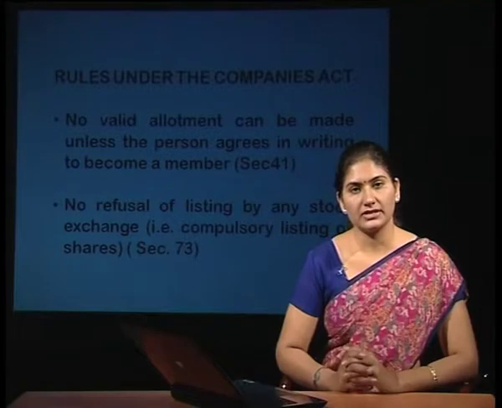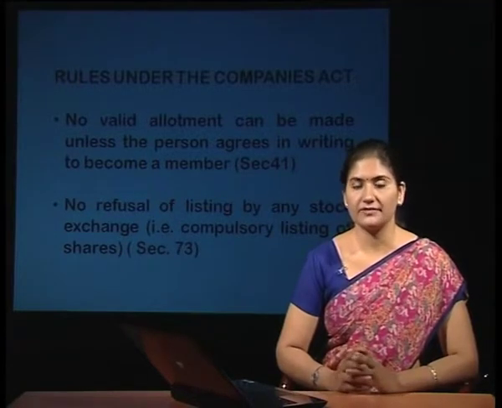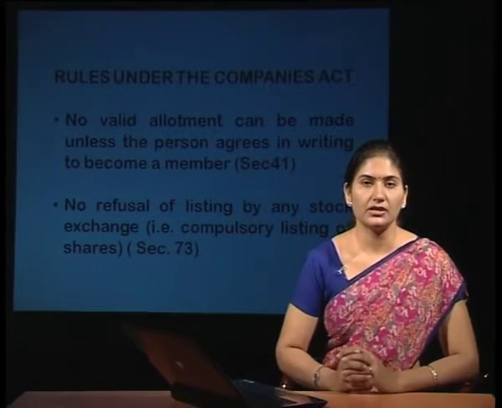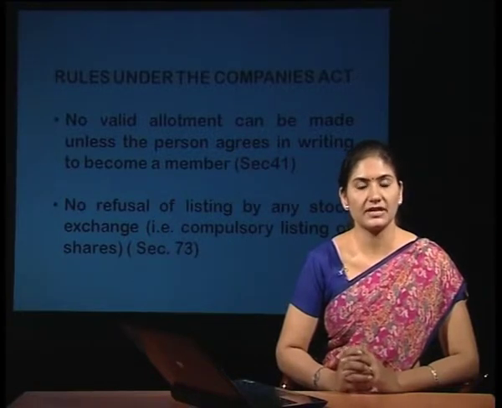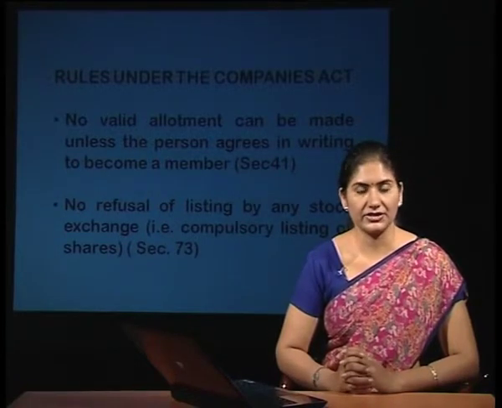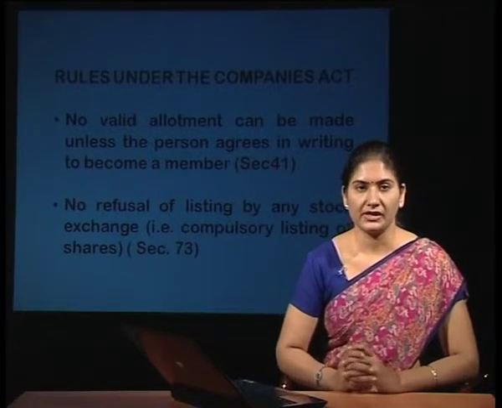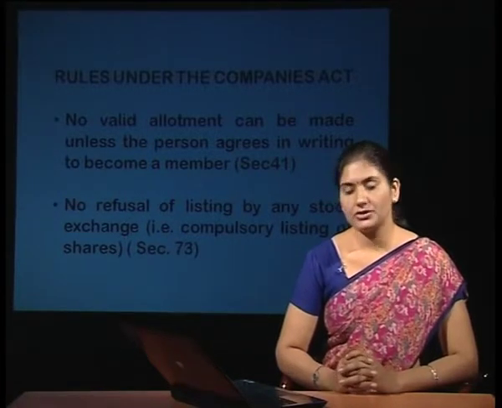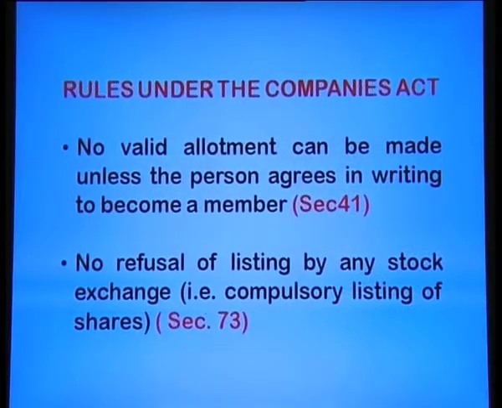Now, such a contract will only be valid if it is in writing, and when a shareholder applies through an application which has been published in the prospectus, it qualifies this condition, and hence also the condition of the Companies Act section 41.